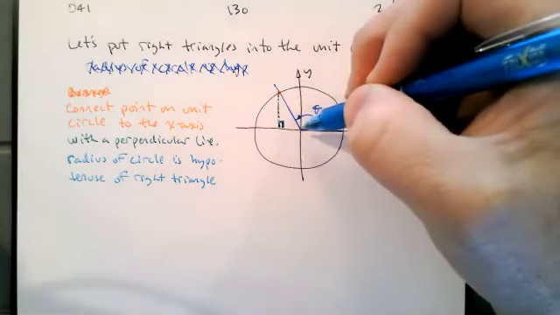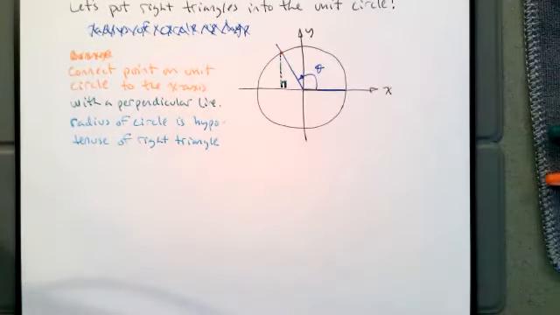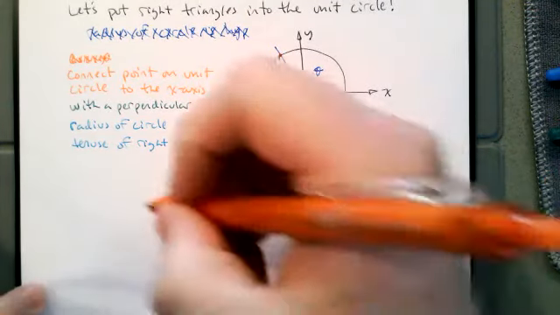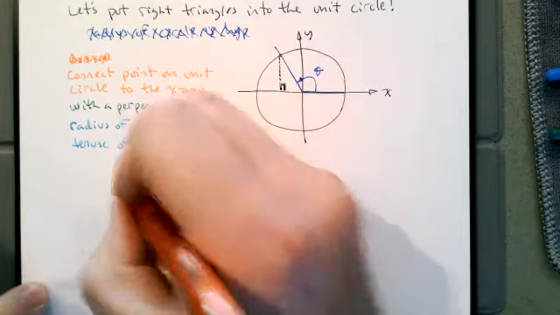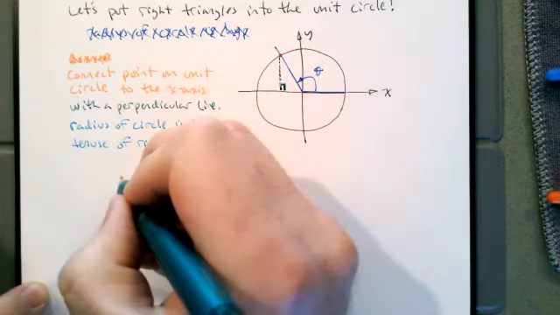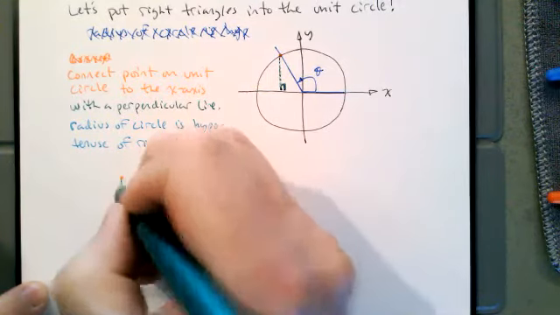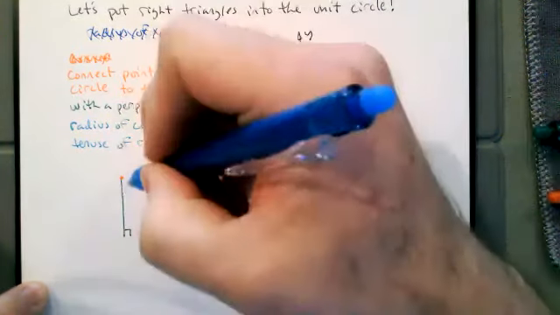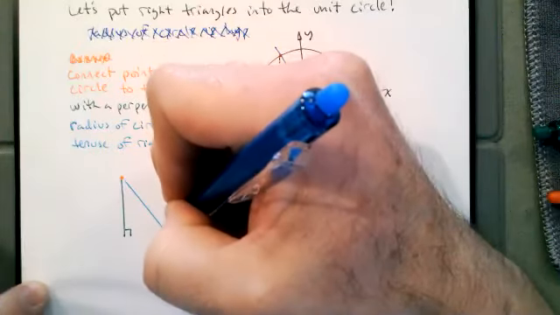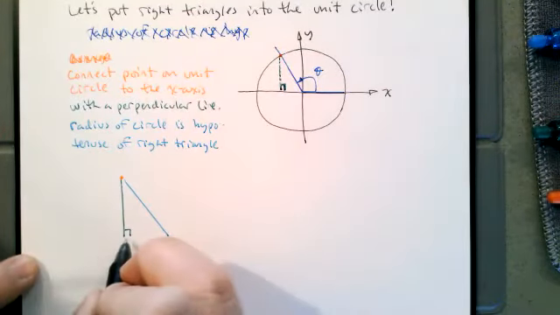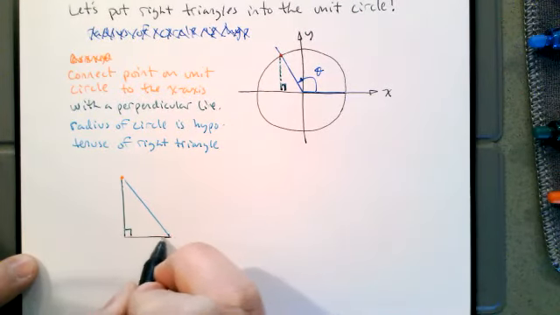So let's pull all these pieces out. I had the point on the unit circle. I drop that perpendicular down to the x-axis. I have the radius. And then the x-axis is down here.